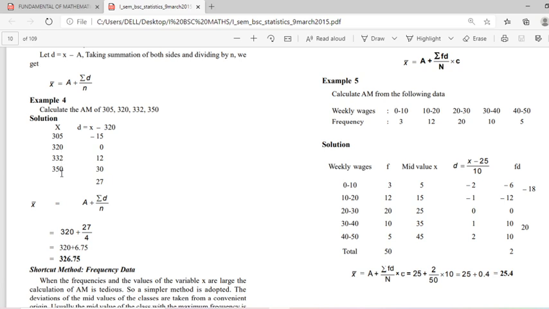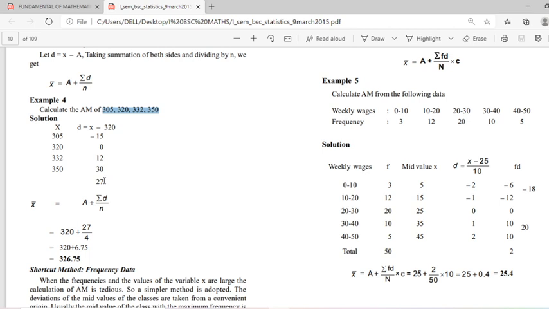There are only 4 observations, and since the values are very big, the multiplication will become too complicated. So to avoid that complication, we subtract 320 from each observation. What is the difference? Minus 15, 0, 12, 30. So the total of D is 27.